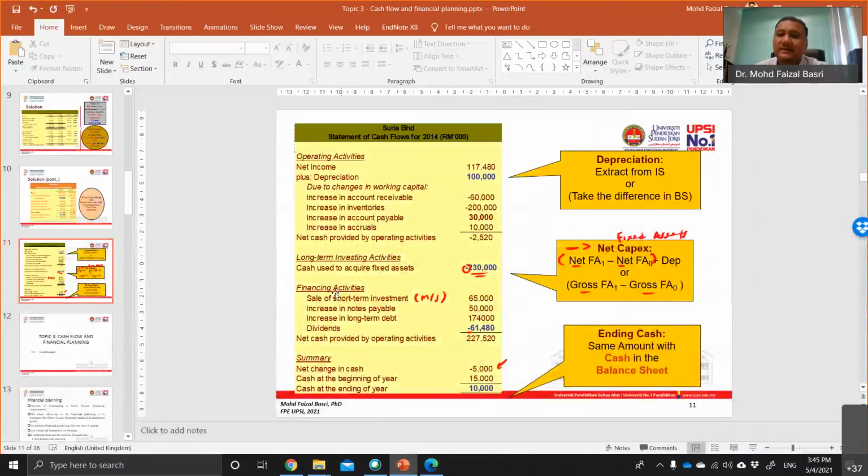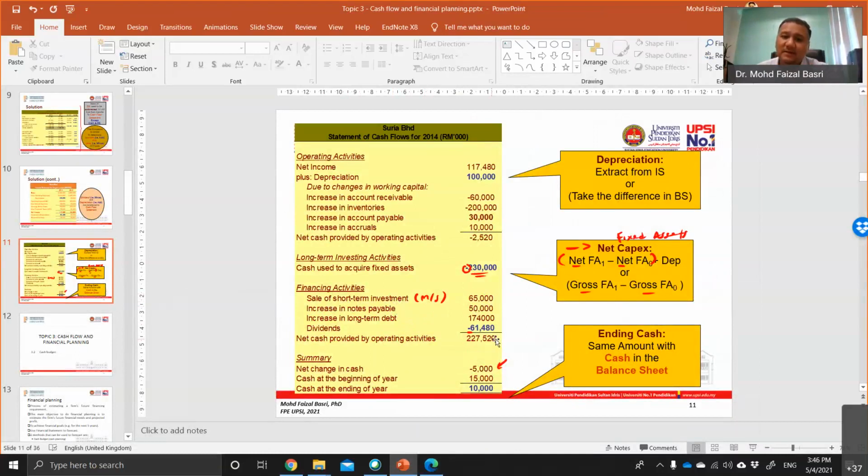Finally, financing activities. If you notice in the question, there are no marketable securities and no notes payable. So we just record long-term debt, which is the mortgage, then equities, and also dividends.